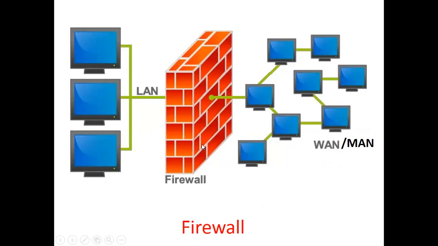Now, different MANs or WANs try to hack our machines. But if there is a firewall, this firewall will restrict each and every attempt of those hackers to enter into our network. Therefore, this firewall is very essential to secure our network.